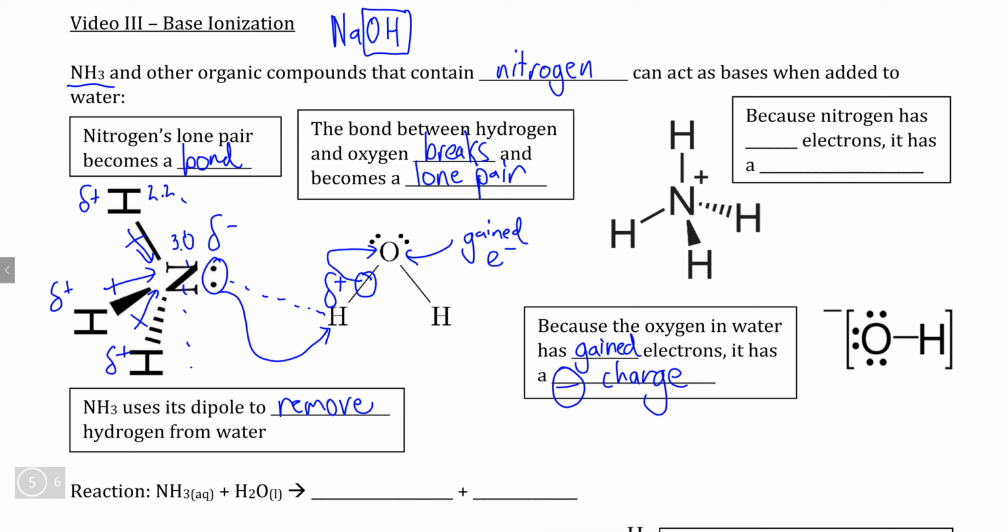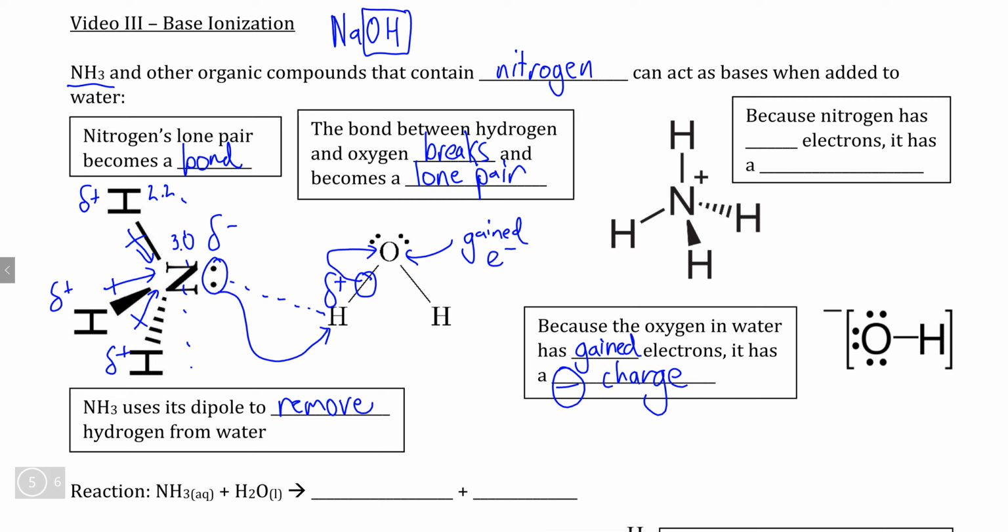So we can see that even though NH3 does not contain OH- like ionic bases do, when we put NH3 into water, because it pulls one of the hydrogens off of water, it produces OH-, even if it doesn't contain OH- initially.